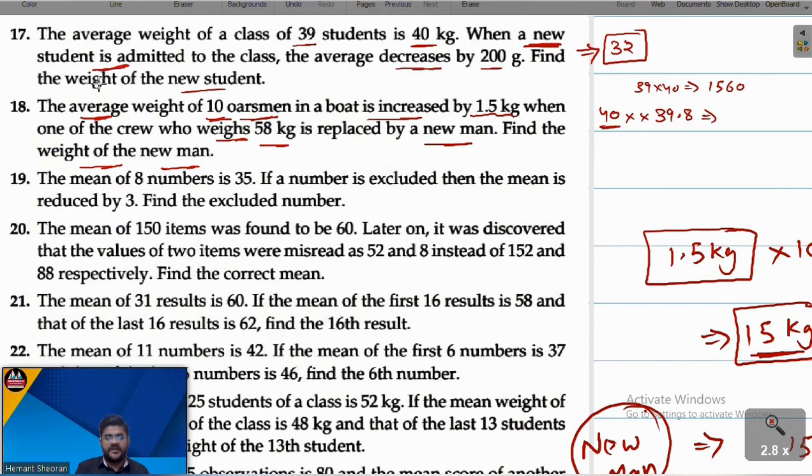So 40 times 39.8 will be how much? I think it will be 1592. If you subtract them, what answer are you getting? 32. Just the subtraction of these two will give you the answer, that is 32. That is the extra weight of the new student.